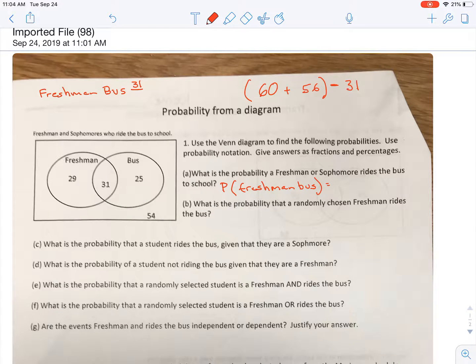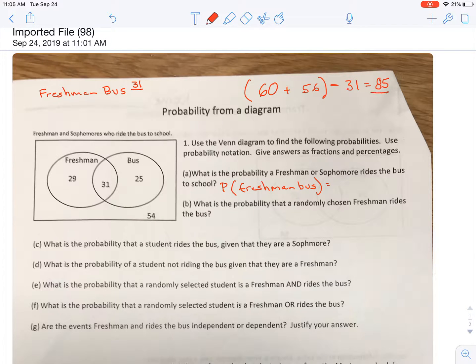So let me do these calculations real quick. So 60 plus 56, I can probably do it in my head, but I don't want to make a mistake, so I'm going to use a calculator. 60 plus 56, and then I'm going to hit equals. That's why I have that in parentheses, okay? Don't just go right to minus 31. Take away 31 is 85.